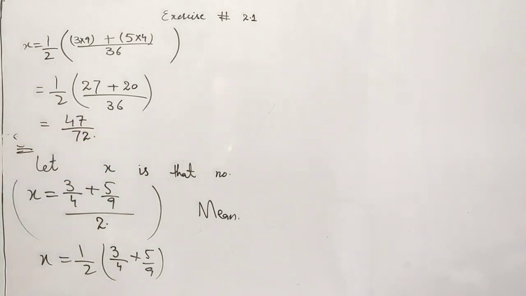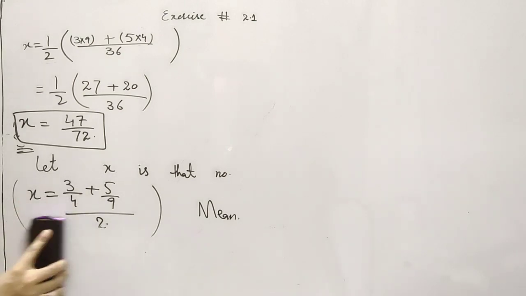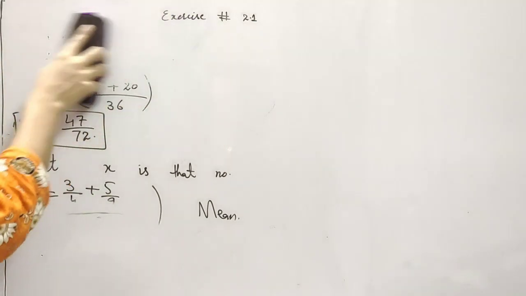So this is the rational number between 3 by 4 and 5 by 9. Question number 5 is complete.